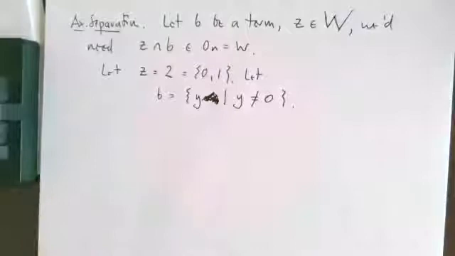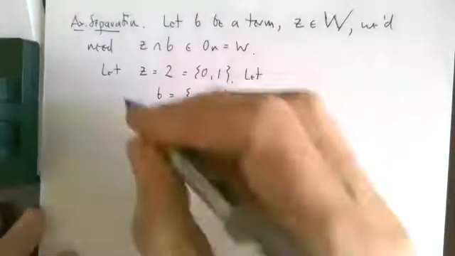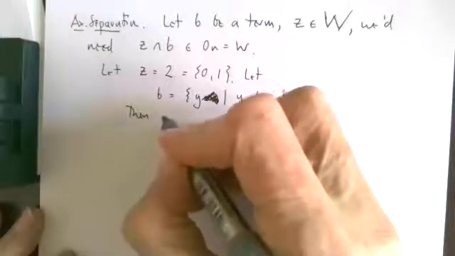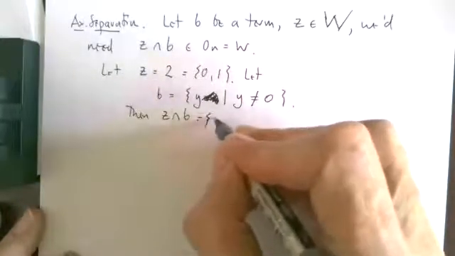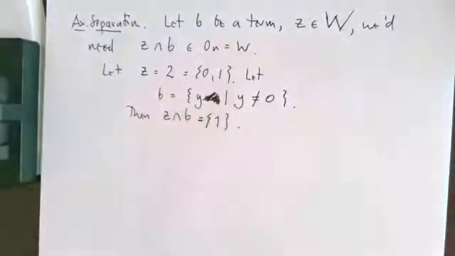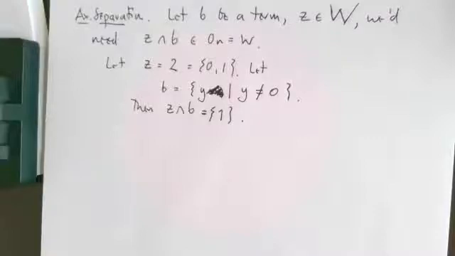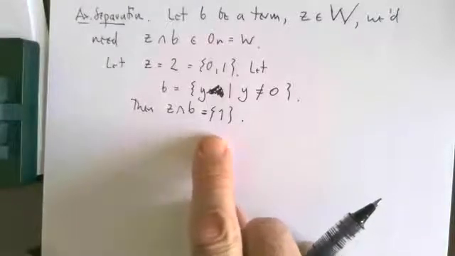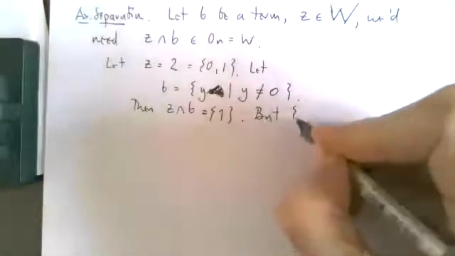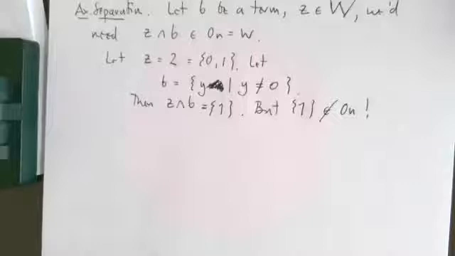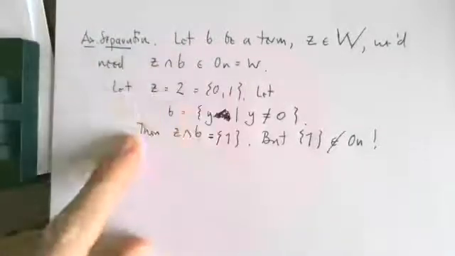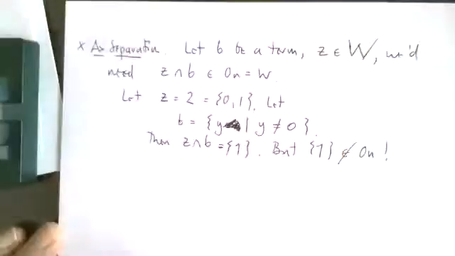Let B be just, this is a proper class, anything that's not 0. And now, what is Z intersect B? Z intersect B, the non-zero things in Z, it's this set. But this is not an ordinal. It's not in our universe. It's just the singleton set 1. So here's an example of the separation scheme failing. So this fails.